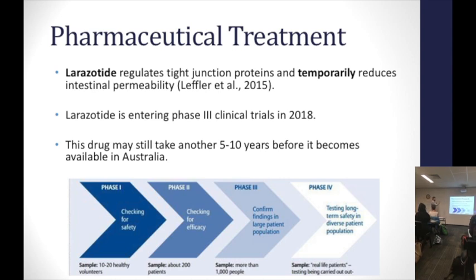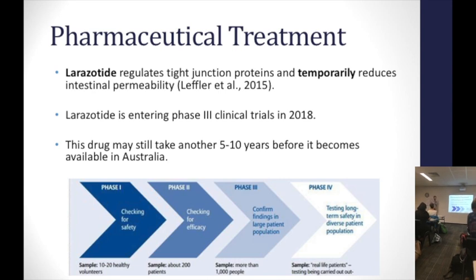Lorazepam, a particular pharmaceutical agent. Okay, I know we are naturopaths and nutritionists in the room, but it is important to have an understanding of the pharmaceutical agents which are coming, which will become available to our clients. Now, lorazepam can actually regulate tight junction proteins and temporarily reduce intestinal permeability. I mentioned temporarily because it's got a half-life of about 2 to 3 hours.